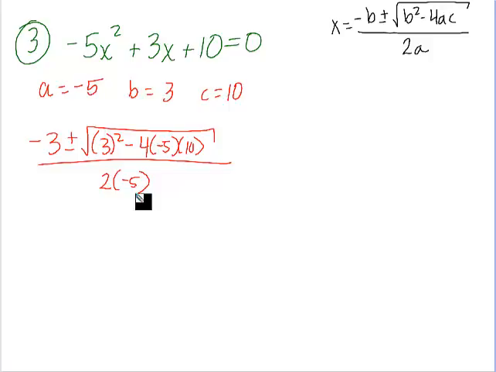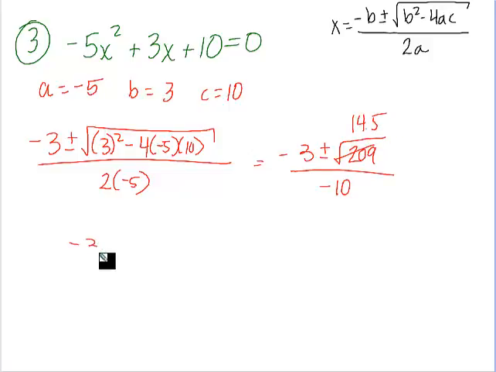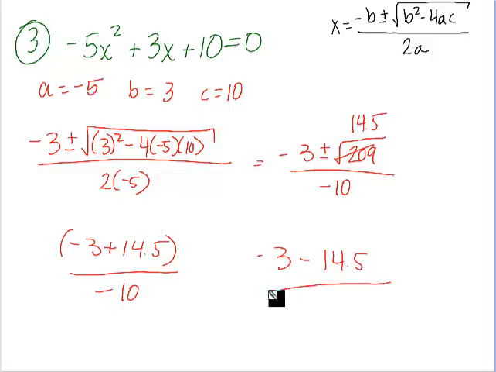What number did you get here for the square root? 209. So negative 3 plus or minus the square root of 209 over 14.5. So that means we had a negative 3 plus our 14.5, and we divided that by negative 10. And we had a negative 3 minus 14.5, and we divided that by negative 10.